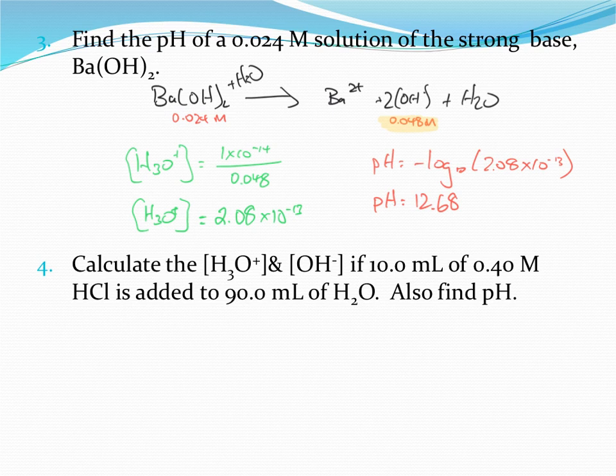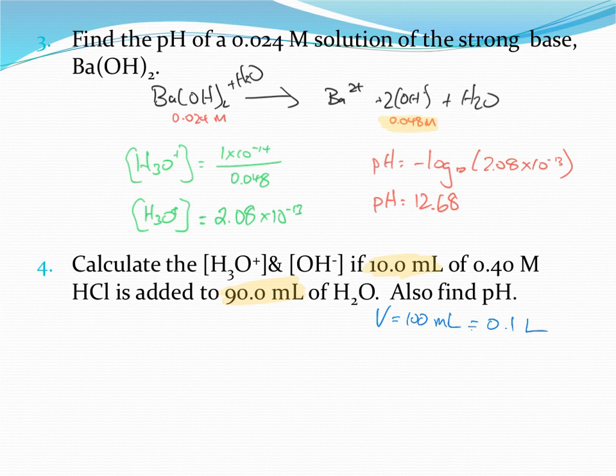If we have 10 mils and we're adding it to 90 mils, then the total volume is going to be 100 mils, which is the same thing as 0.1 liter.